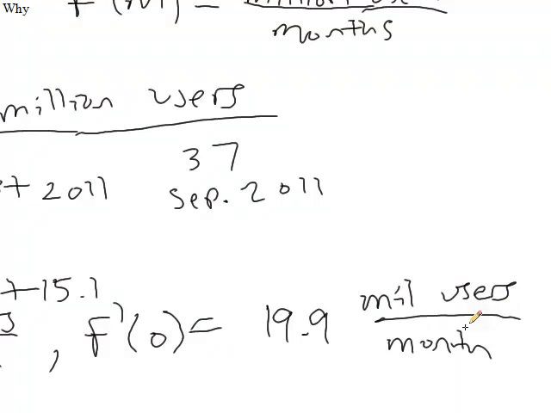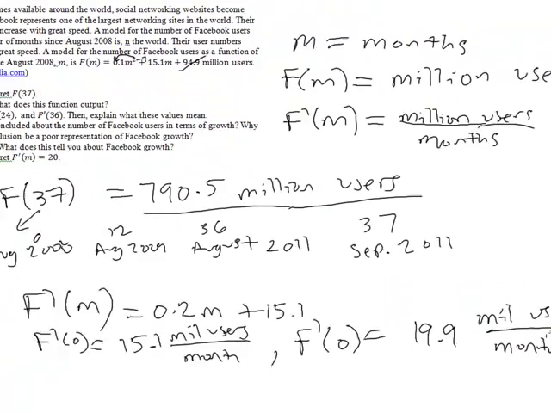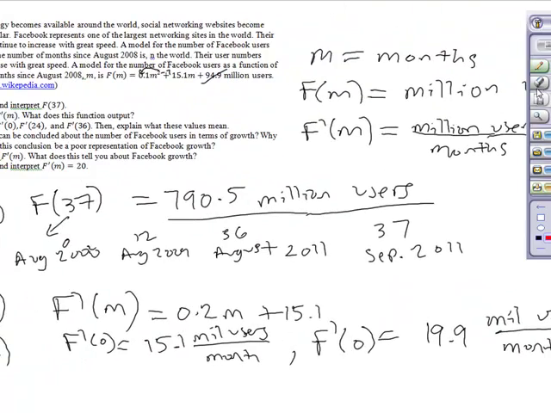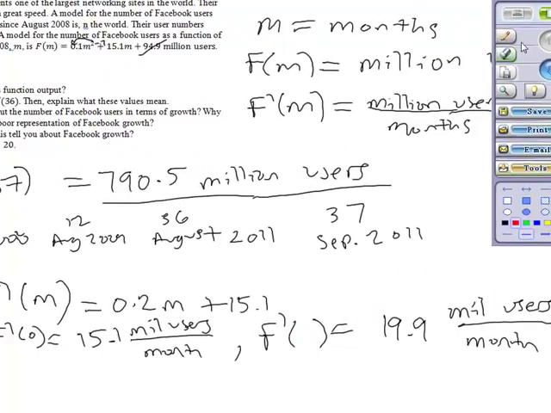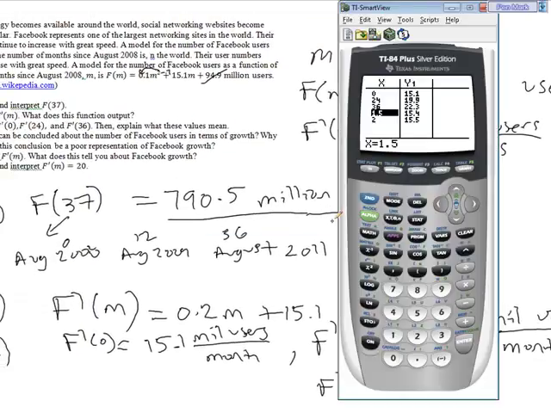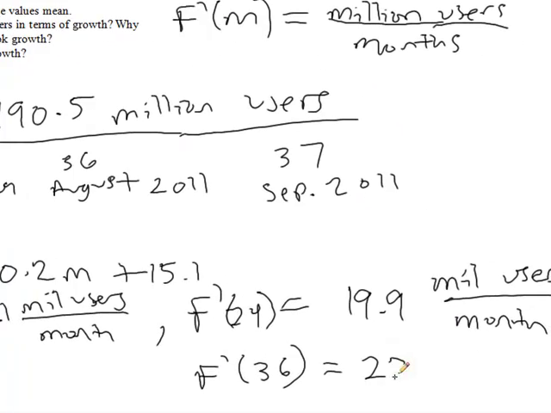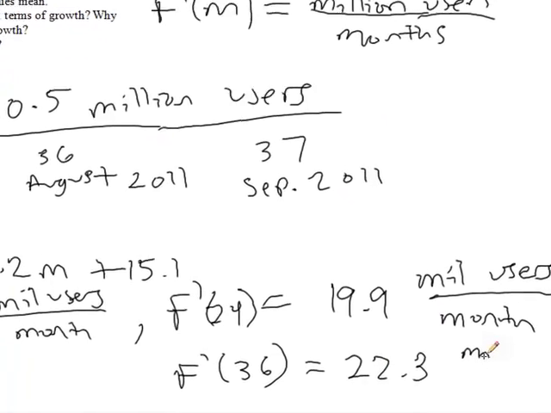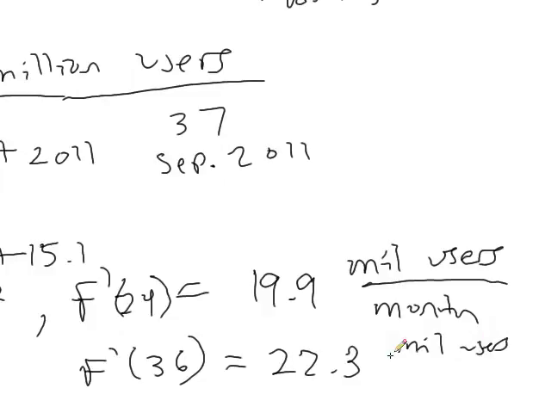So not only is it increasing, but it's increasing at a faster rate. And excuse me, but this should be f prime of 24. And then finally, f prime of 36 is what happened in August 2011. And in August 2011, the rate of change was 22.3 million users per month.